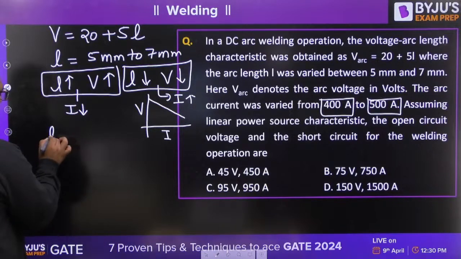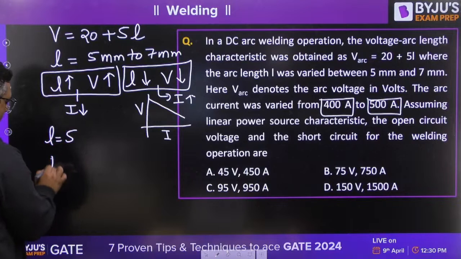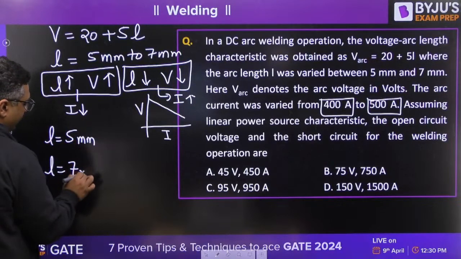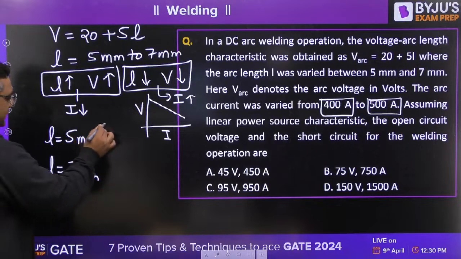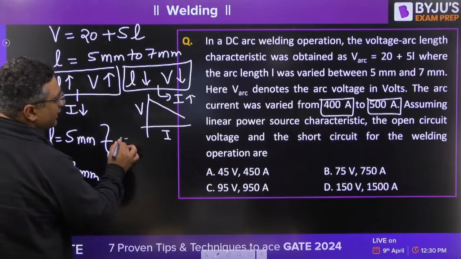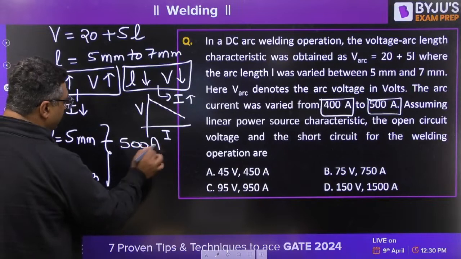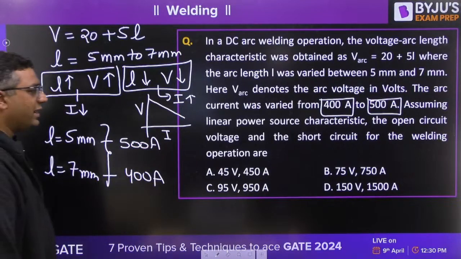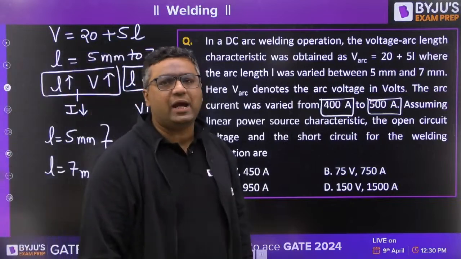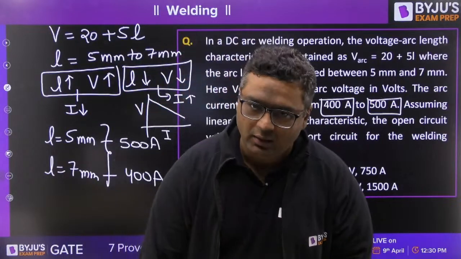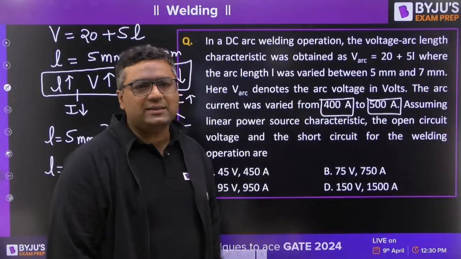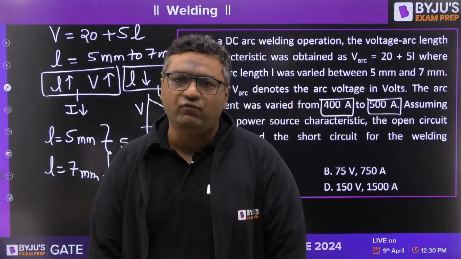So for 5 mm the current should be 500 ampere, and for 7 mm it should be 400 ampere. You need to find the open circuit voltage and short circuit current. Those who already know the concept can try. Otherwise, I am going to solve this question for you.